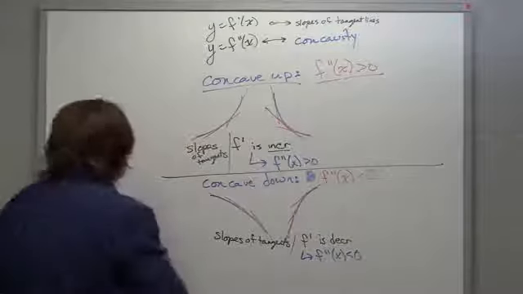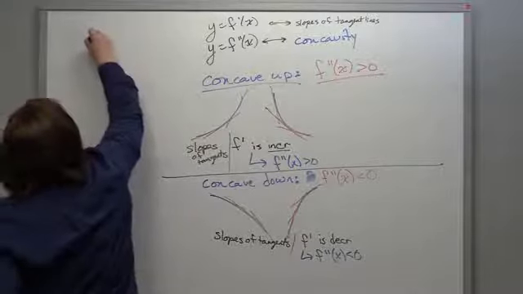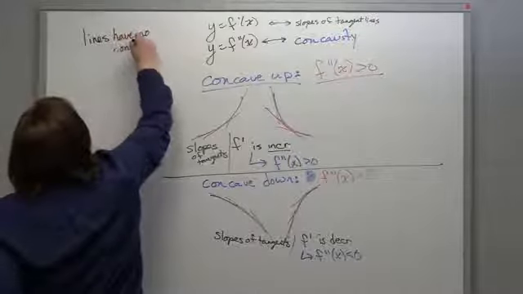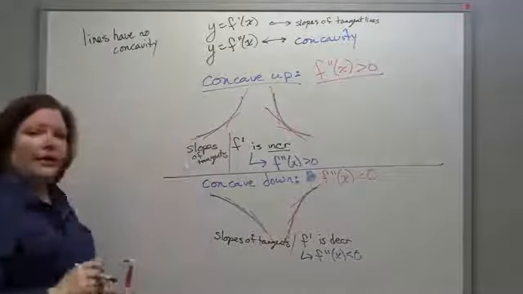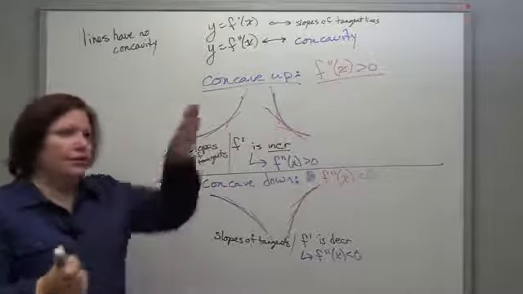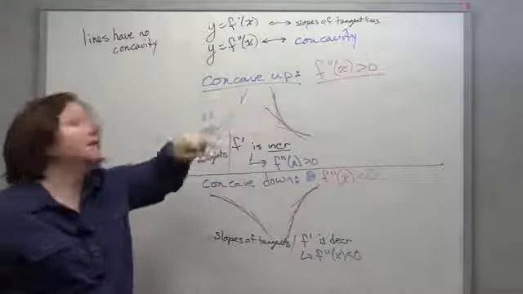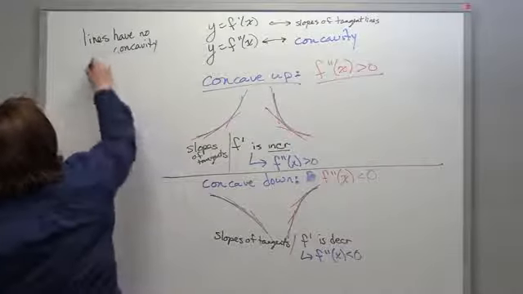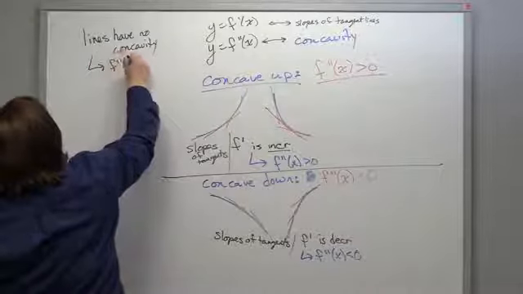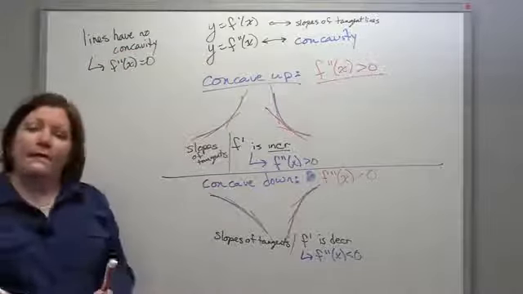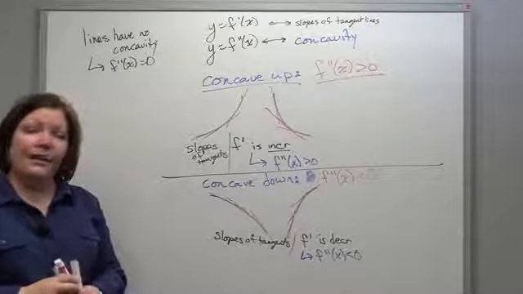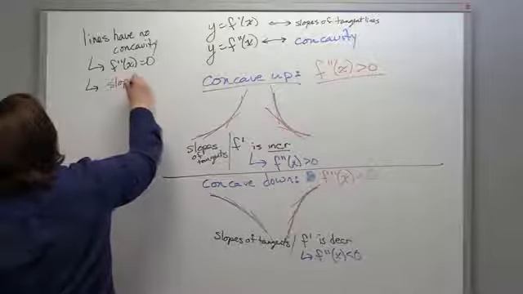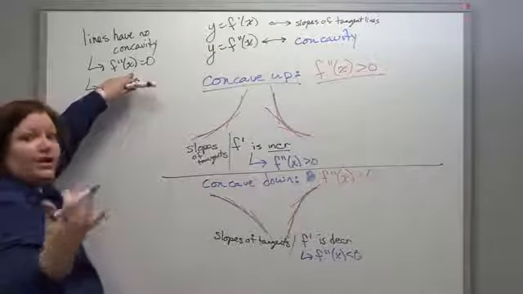And one thing I should note, if you're looking at a perfectly straight line, no matter what the tilt is, lines have no concavity. That gives us that f double prime equals 0, which means the slopes are not changing.